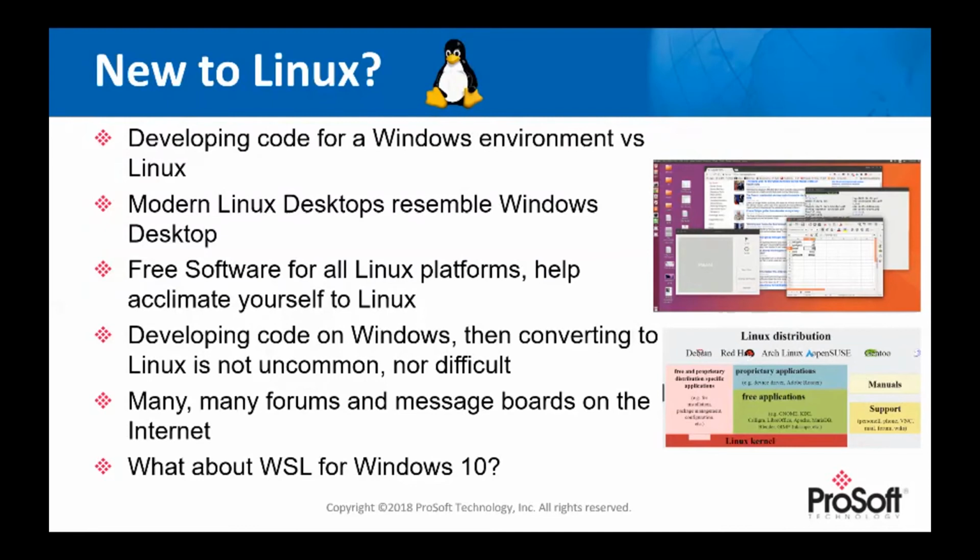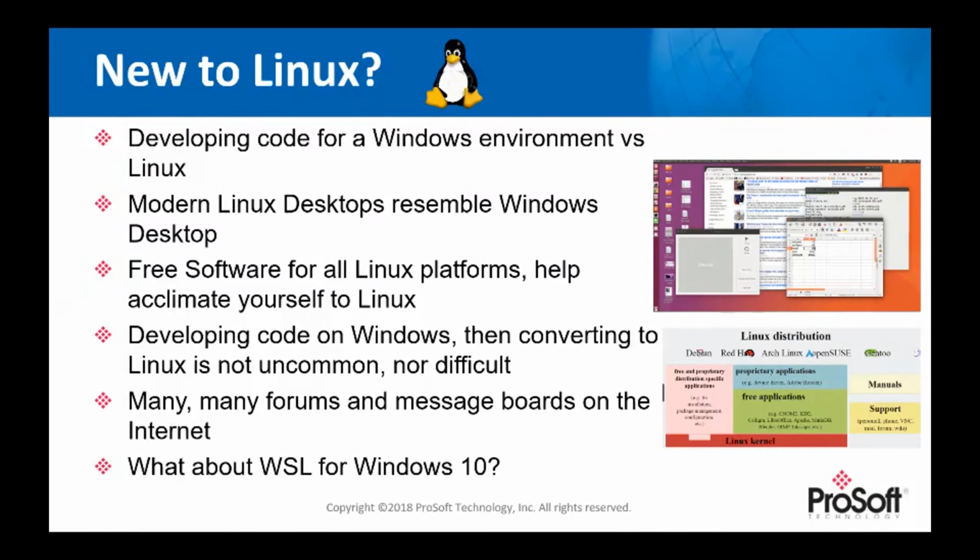Yeah, a lot of code written to run on Windows is not very hard to convert over to Linux. Oftentimes, even in the open source world, we're seeing a trend towards everybody writing their code to be what's called open platform, where they say it runs on the big three. It'll run on Windows, it'll run on Mac, and it'll run on Linux.